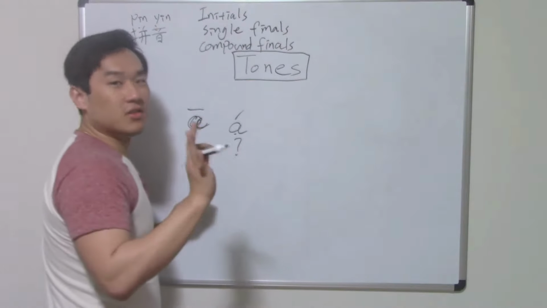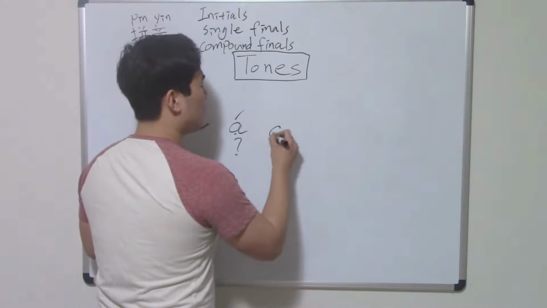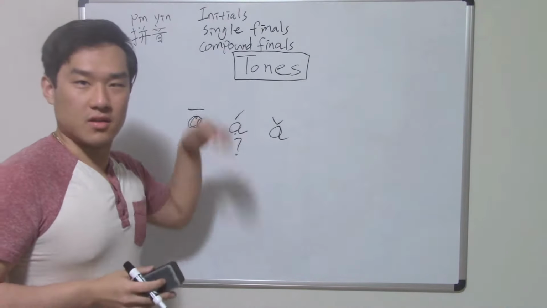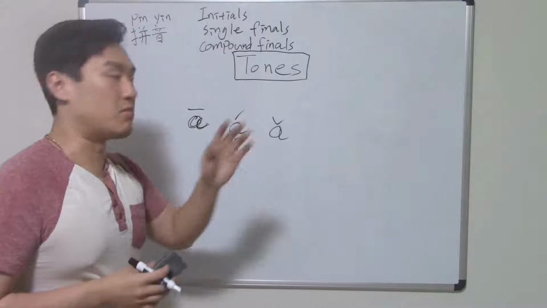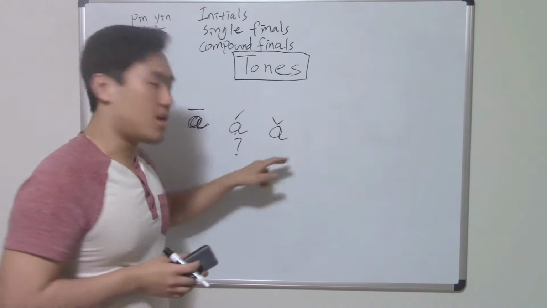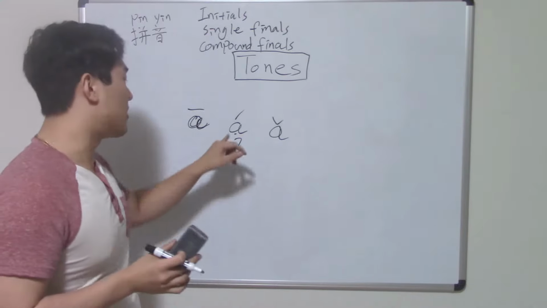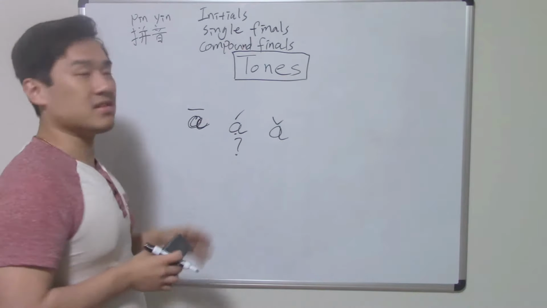And then the third tone here is kind of like a roller coaster, going down here and going up. It's still long to say, still longer than the first and the second.